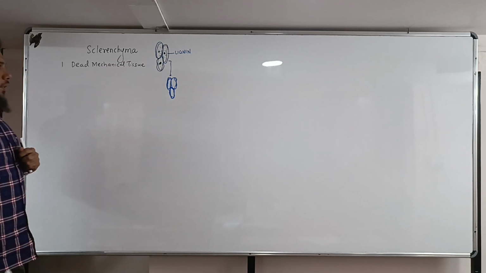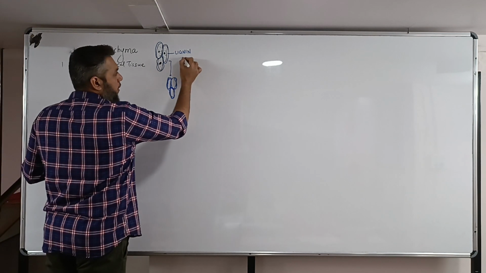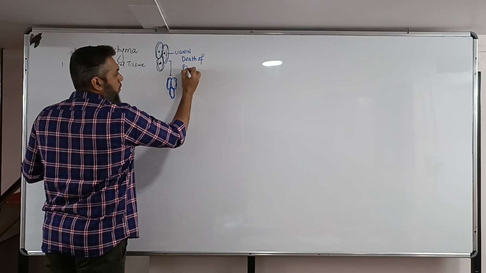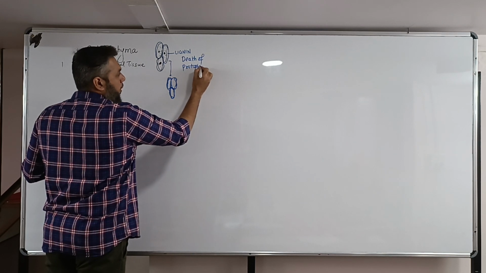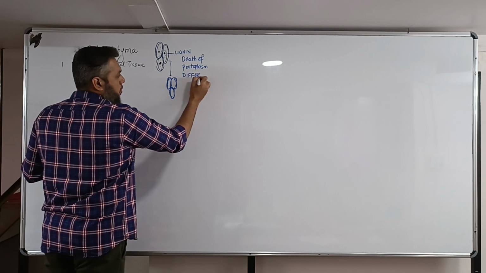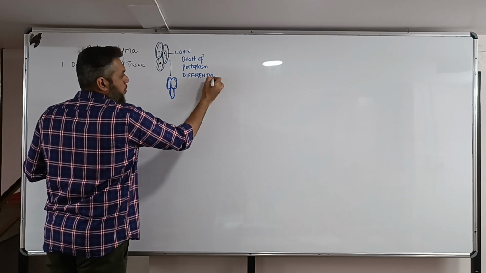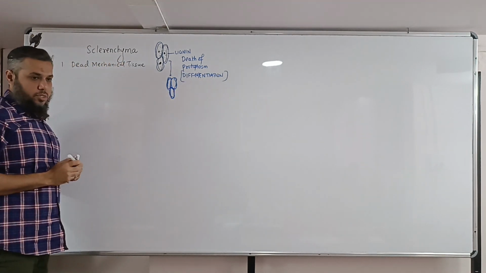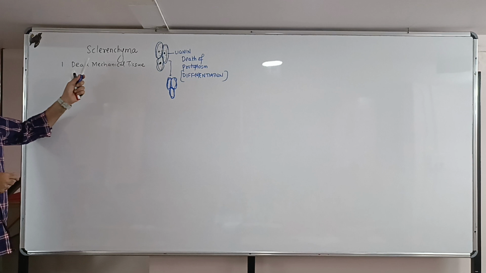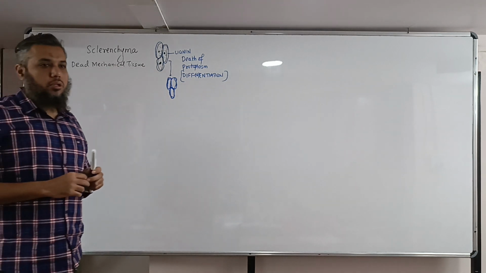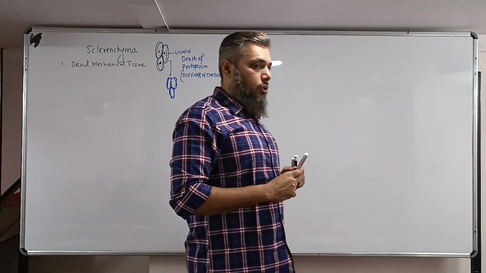So this death of protoplasm, for the process of what we call differentiation, occurs during the formation of sclerenchyma. Understood how the birth of sclerenchyma took place, Bachelo?